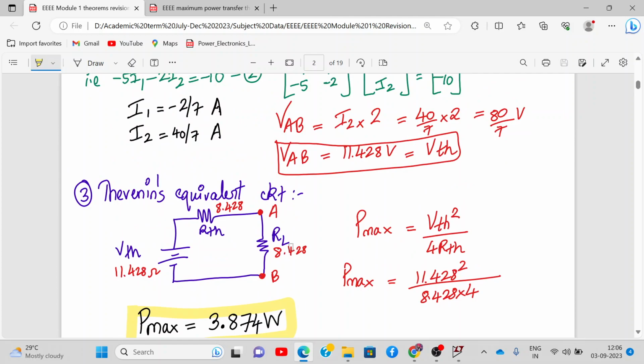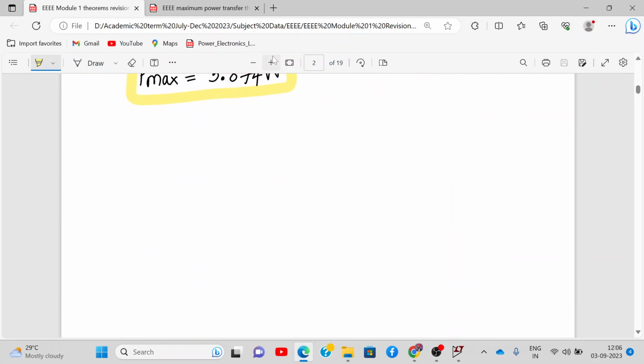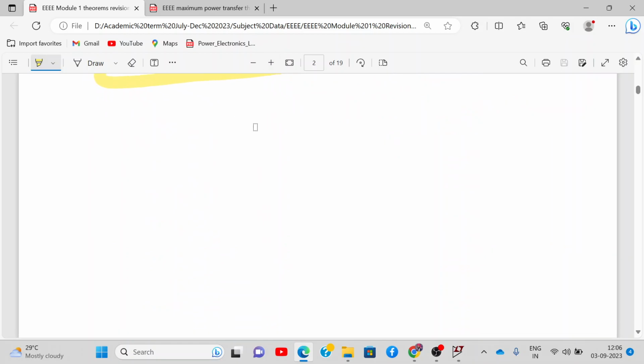Numerical number 2 for maximum power transfer theorem. So write down numerical number 2.